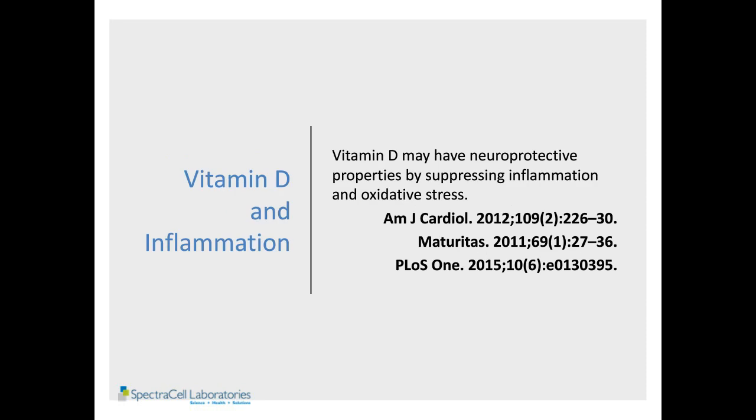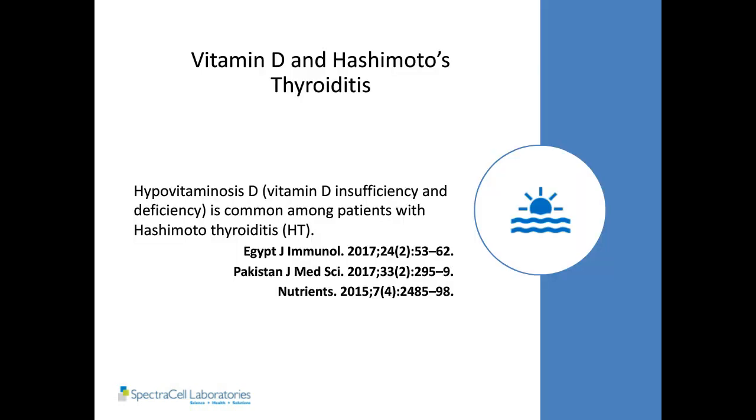The vitamin D and inflammation, we talked about this with autism. We also see this with thyroid conditions. We see this with autoimmunity with thyroid in the case of Hashimoto's, and that's more or less noted here, that vitamin D levels that have been suboptimal have definitely been associated with Hashimoto's and should be connected.